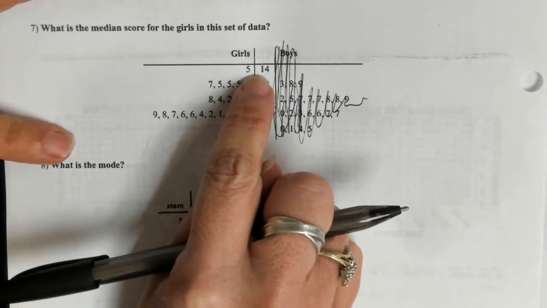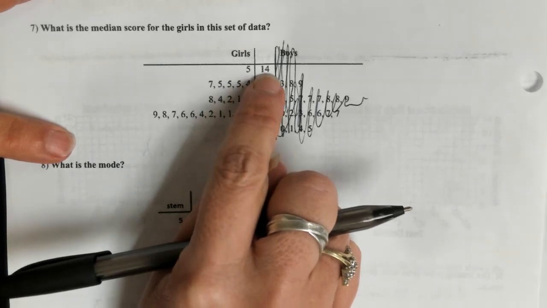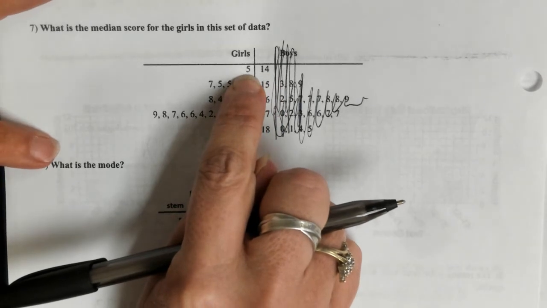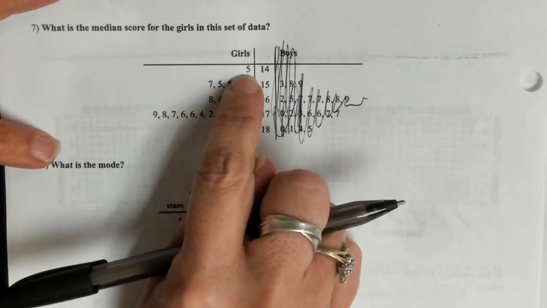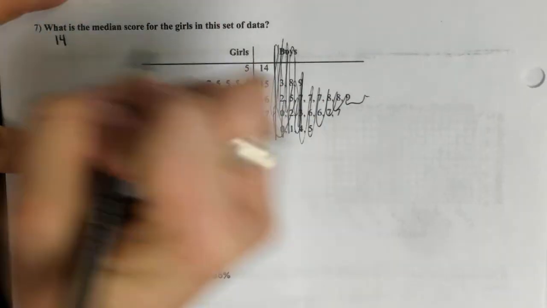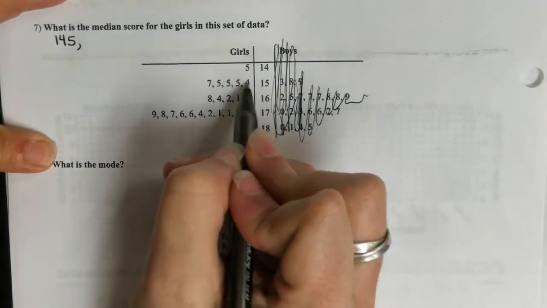But what does that represent? 14 with a 5, 145. That is the stem, so it starts it. And then the leaf goes on the end. So go into the next one.